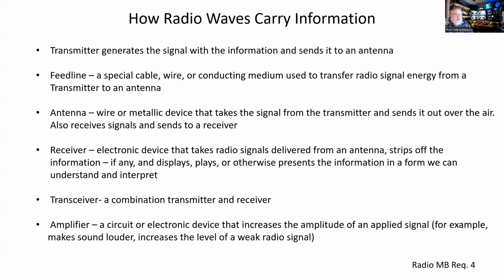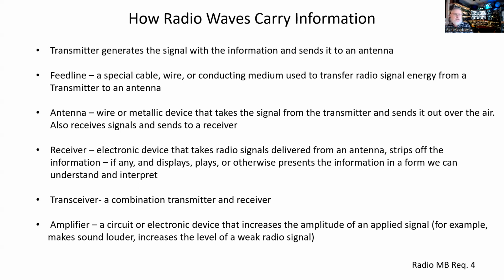At the other end is a receiver that actually takes the radio signal with the encoded information on it, strips off the radio carrier, and extracts the information and presents it in a form that we can understand or read or see.